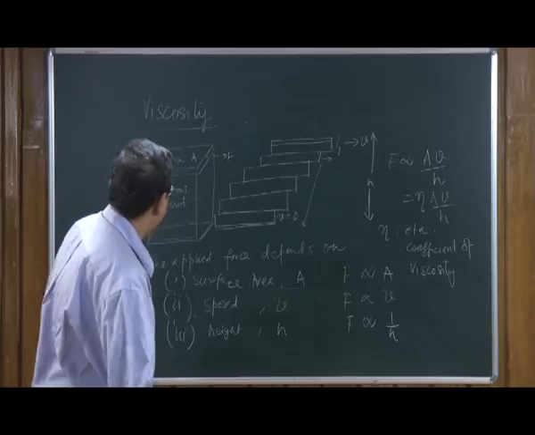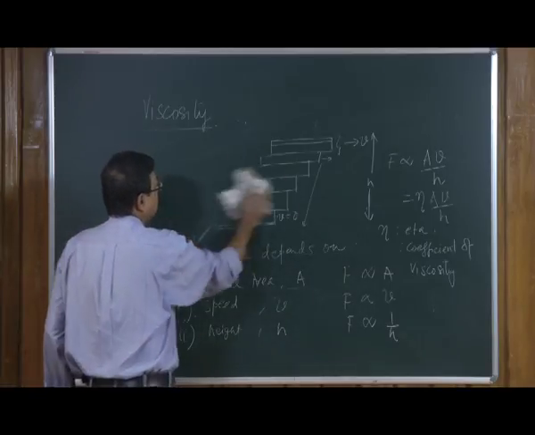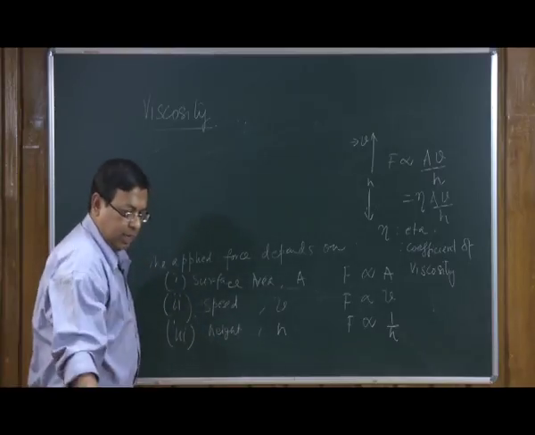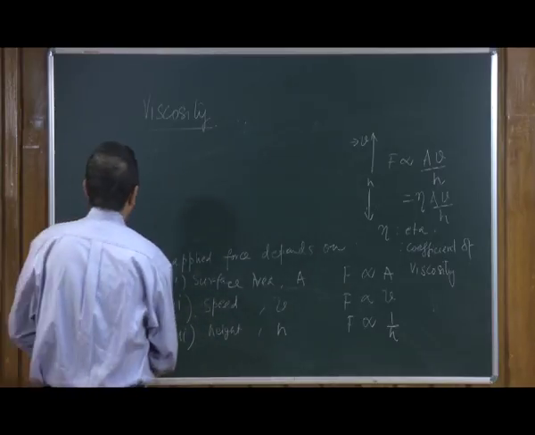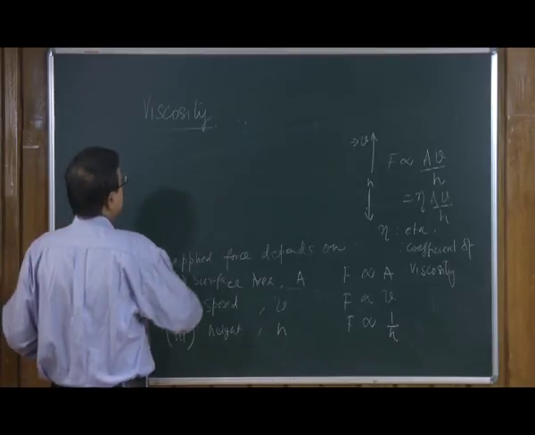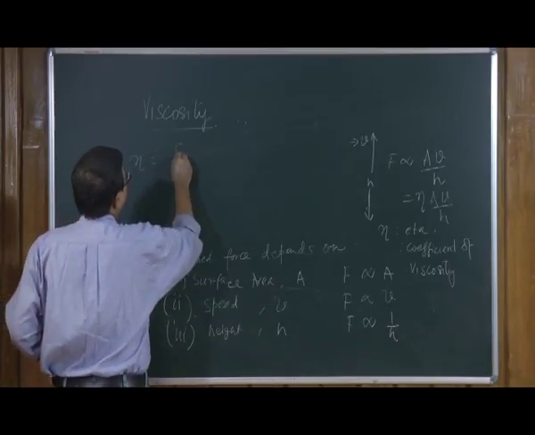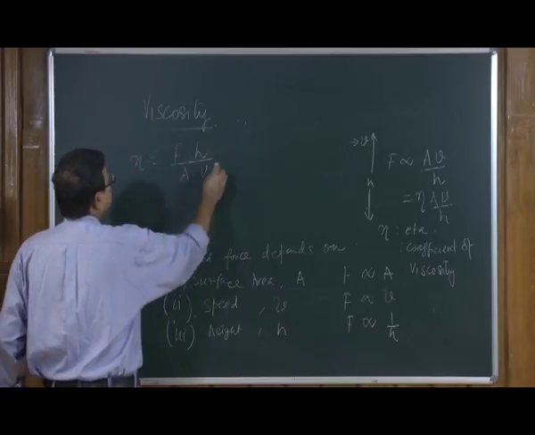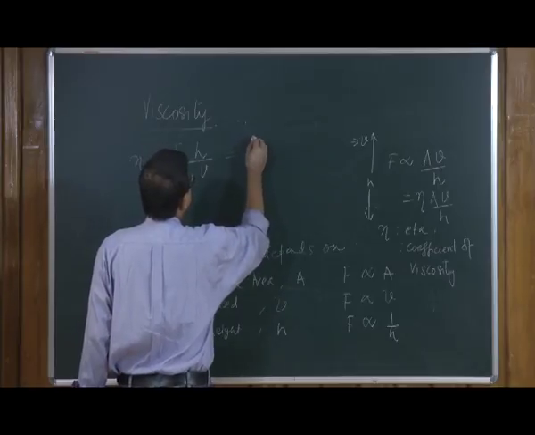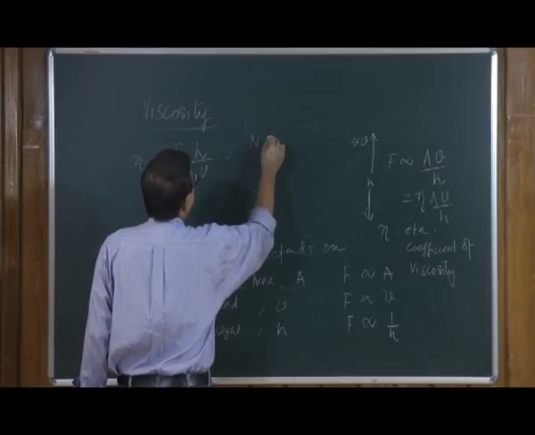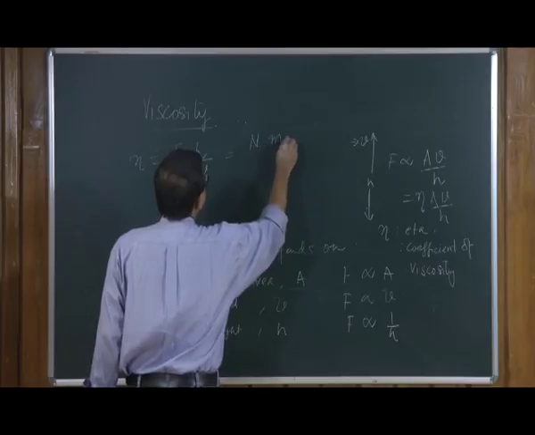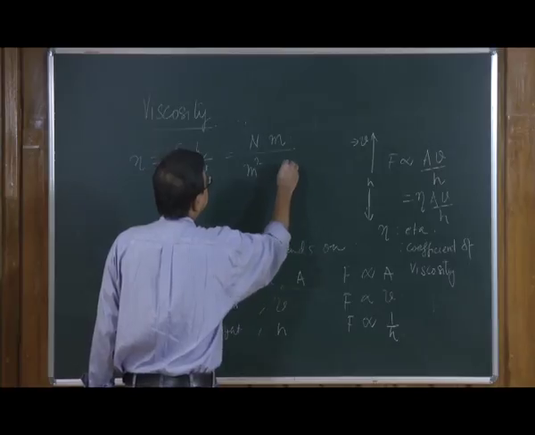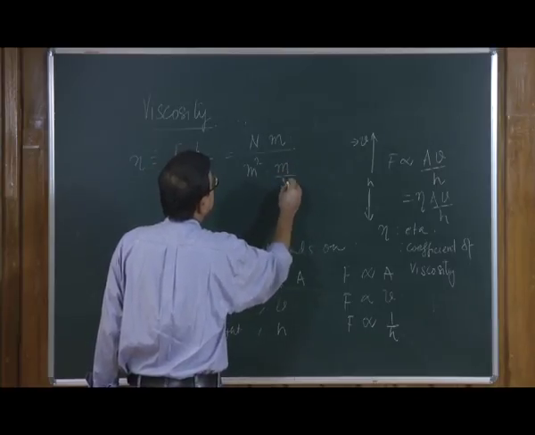So, now to know about the coefficient of viscosity, let us see that this coefficient eta is equal to F H divided by A and V. So, F has unit as Newton, H is in meter, A is in meter square, and V is meter per second.